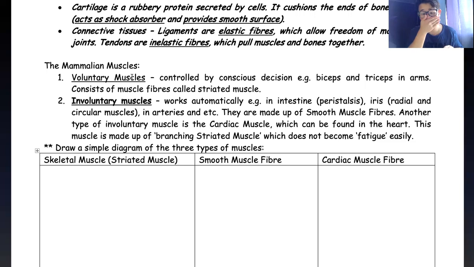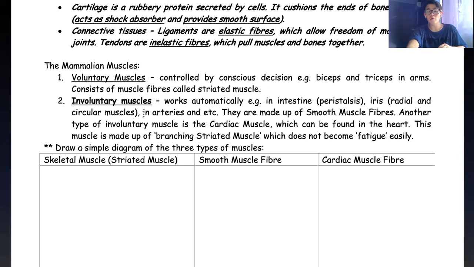These types of muscles are quite special because of the type of muscle fibers: as you can see here, they are striated muscles. What does striated mean? It means they have lines, the muscle tissue has stripes. That's what it means.